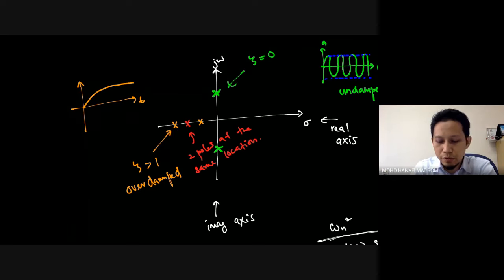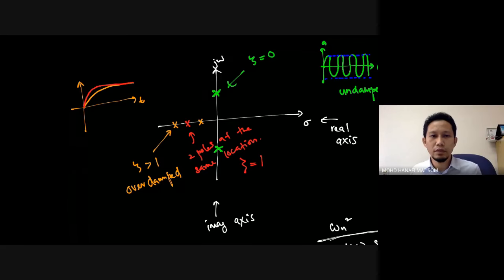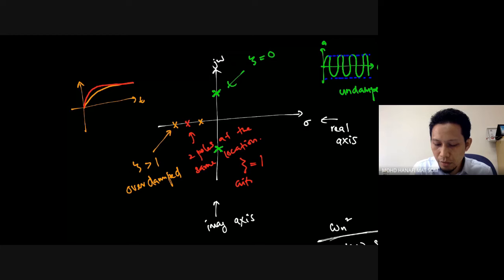At this point, zeta equals 1. We don't have oscillation again, but the plot will be something like this. No oscillation, optimal. And we call this response critically damped.